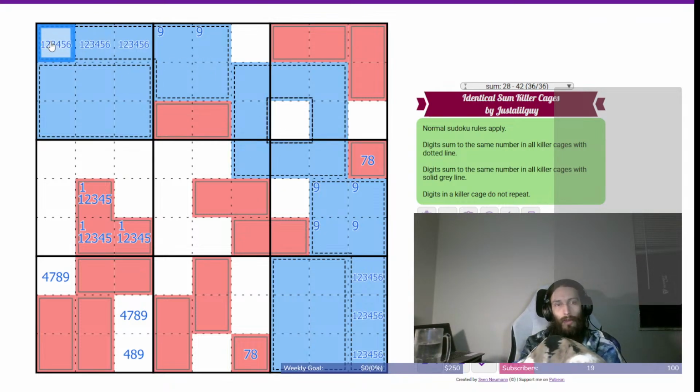If I want to miss 8 and 1 from this group, that makes this 2, 3, 4, which is perfectly fine. So I can miss out the 9 from here and the 8 from here. So yeah, that doesn't end up being a problem.